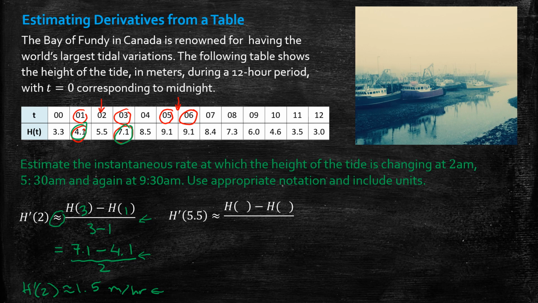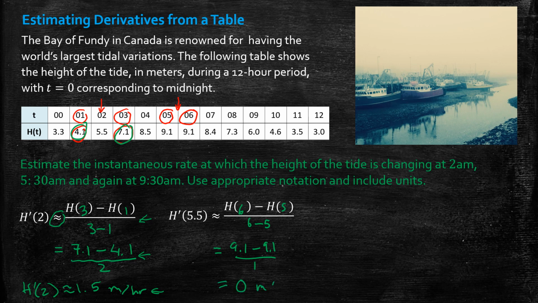So we'll take the height at 6 minus the height at 5, over 6 minus 5. And that is equal to, how interesting, 9.1 minus 9.1 over 1, which is basically saying that it's 0.